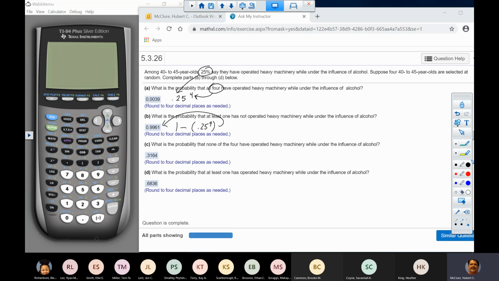And what is the complement of 0.25? 0.75. So this would be 0.75 because this one says none of the four have operated heavy machinery. So that would be 0.75 to the fourth power. And then this is 1 minus 0.75 to the fourth power. So whatever percentage you're given, that's what you got to work with.